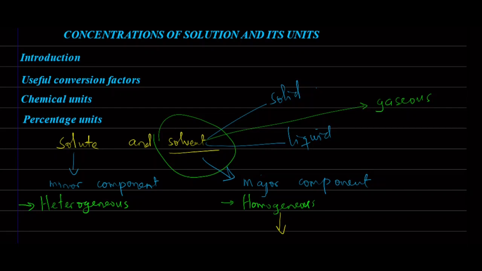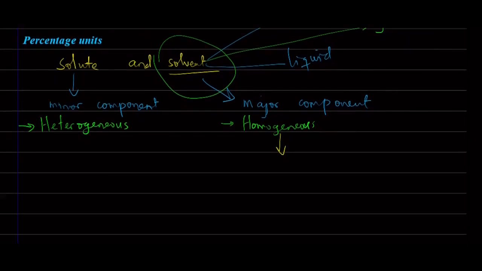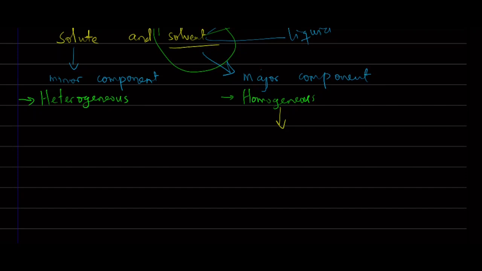Now, we have been talking about solution. What do we mean by concentration of solution? Since we have already known that solution is formed mathematically by saying solute plus solvent will give us solution.